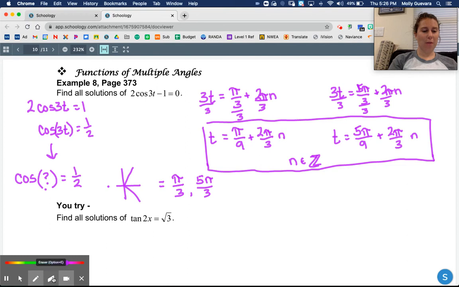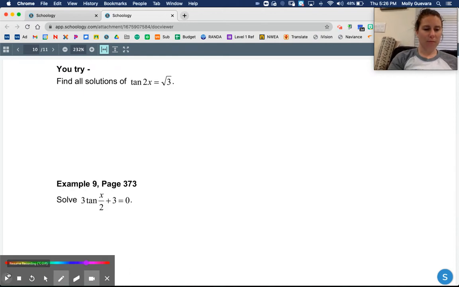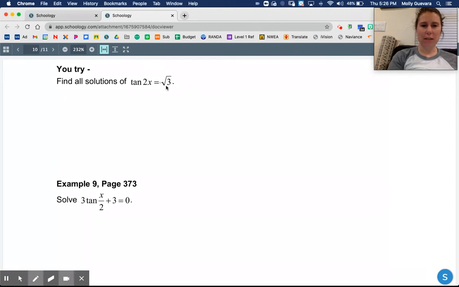Okay, I want you guys to try the next one, so go ahead and hit pause, give it a try, and then when you're ready, let's look at it. Okay, so same thing, I'm going to solve. This one's kind of already solved for, right? So I know that tangent of something equals root 3.